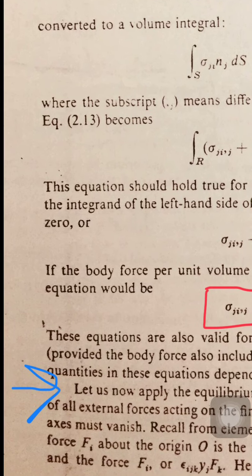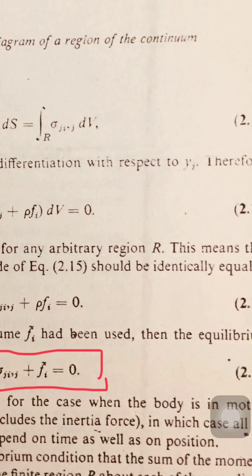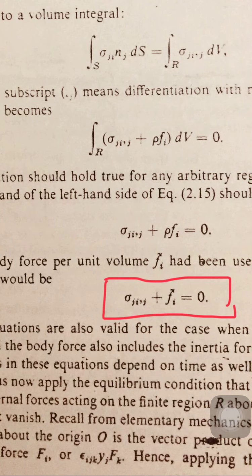This means that the integrand of the left hand side of equation 2.15 should be identically equal to 0. The integrand is nothing but sigma ji comma j plus rho fi is equal to 0. In the earlier lecture we have also seen that rho fi is sometimes written as fi cap. In the very first lecture of the second chapter we saw this rho fi, force per unit mass, change into force per unit volume.